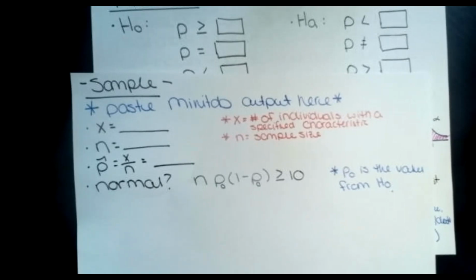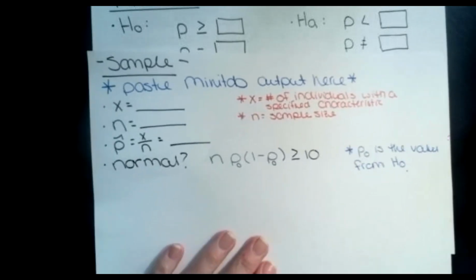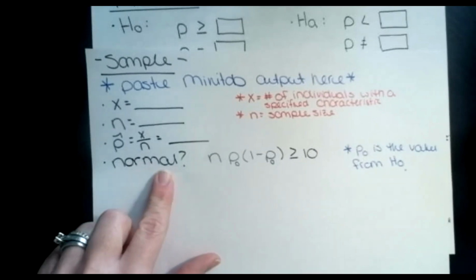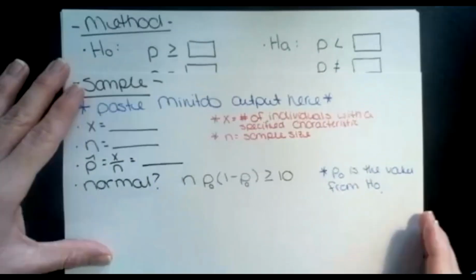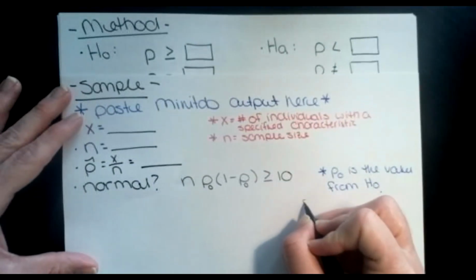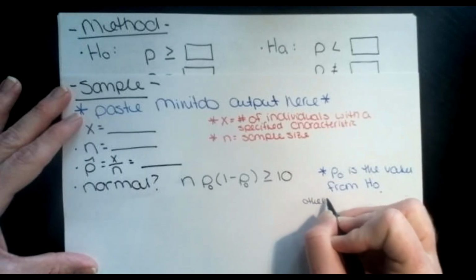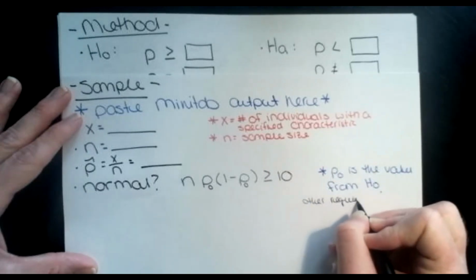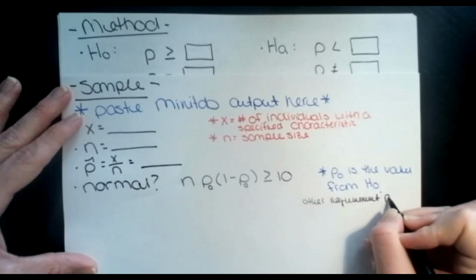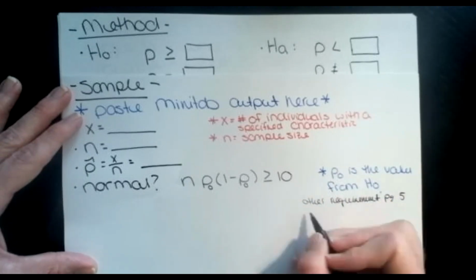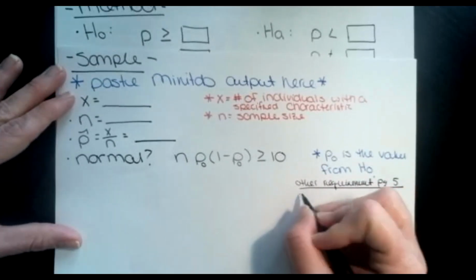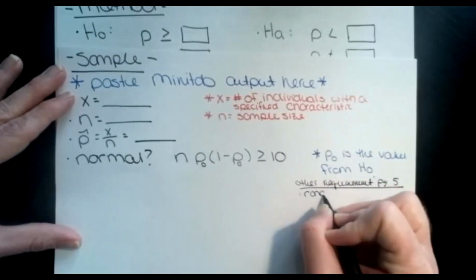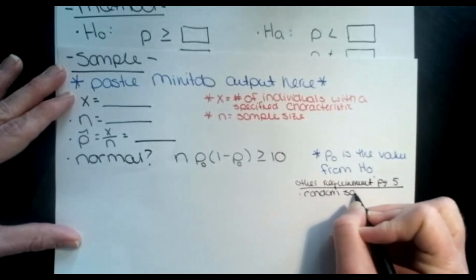Now, I want just to mention a couple other requirements, but we don't check them. We just always assume that they're true, okay? So I'll just write them off to the side a little bit. So other requirements. It's on page 5 of the typed notes, okay? But I'm just going to write them really quick. All our samples need to be random samples or simple random samples.